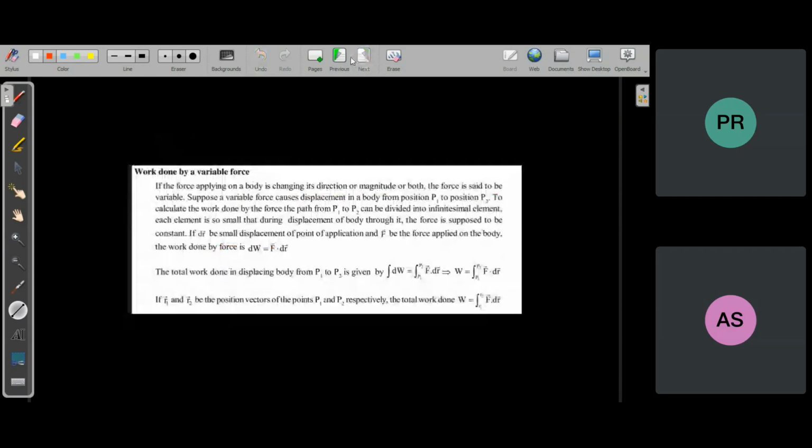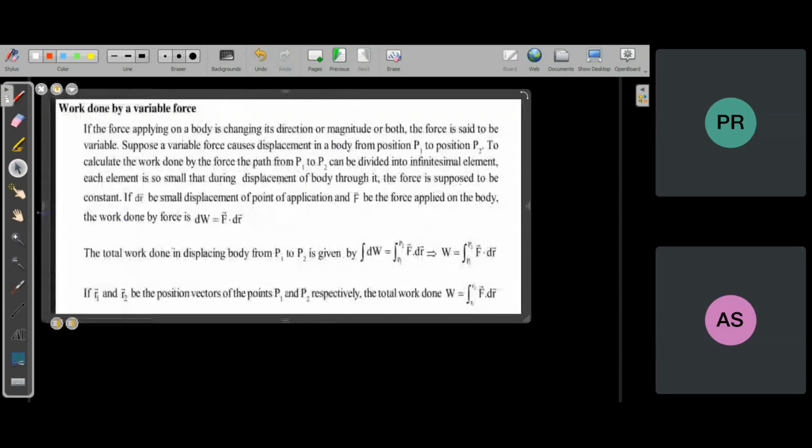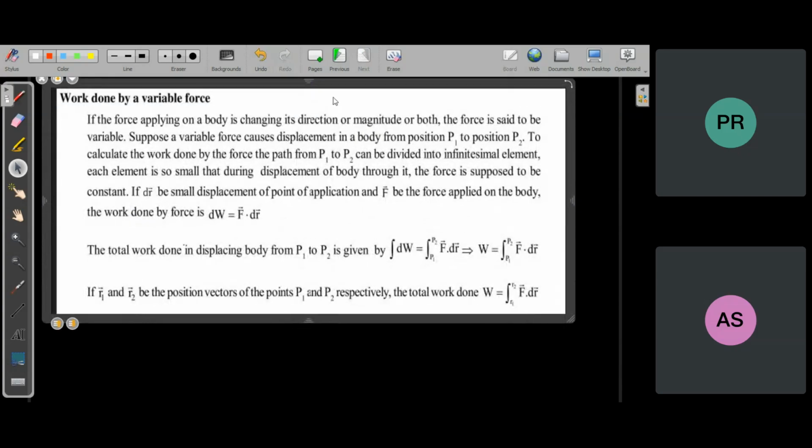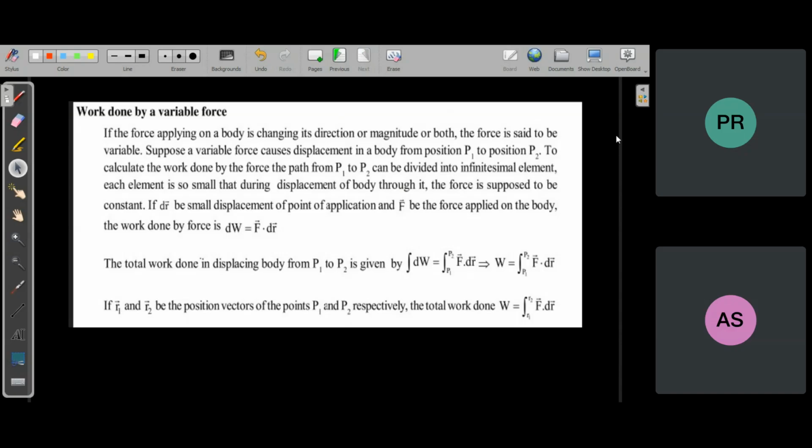Are you getting it? In case of variable force, when I say variable force, you should understand that force may be variable if the magnitude of force is changing, or the direction of the force vector is changing, or both are changing. Are you getting it?